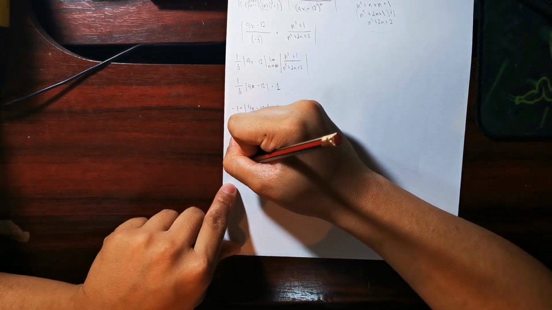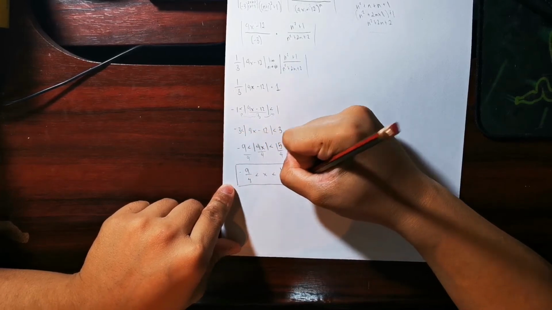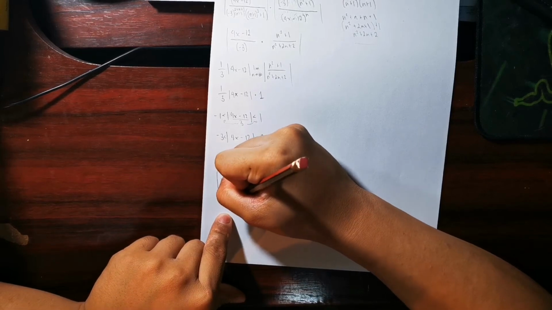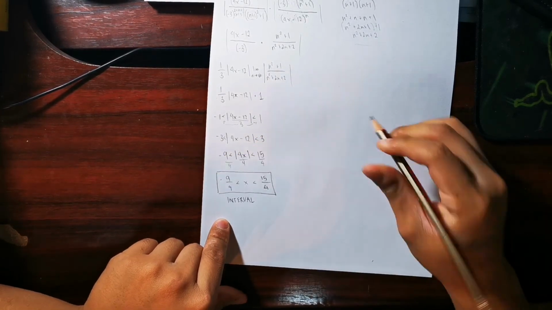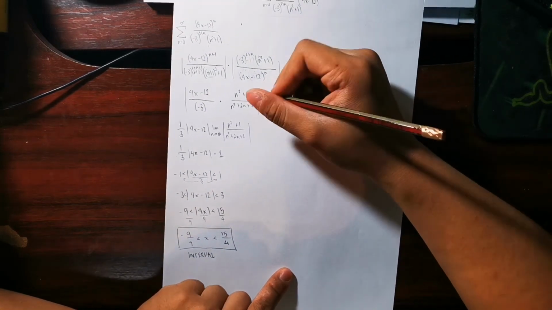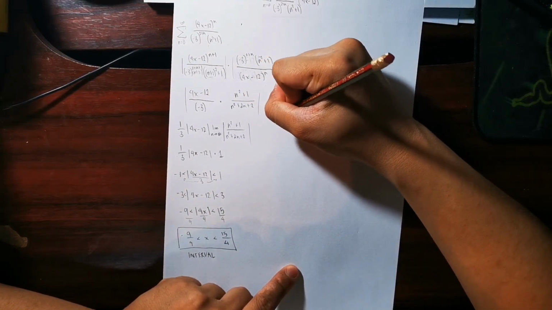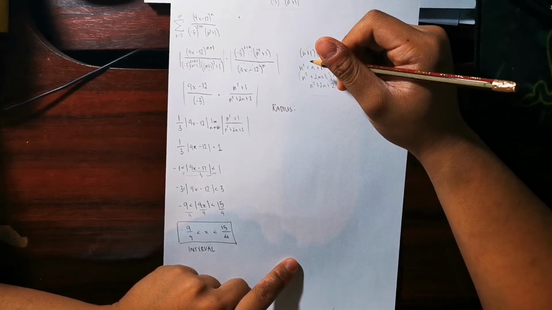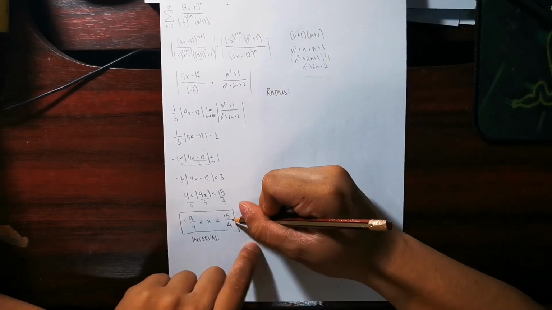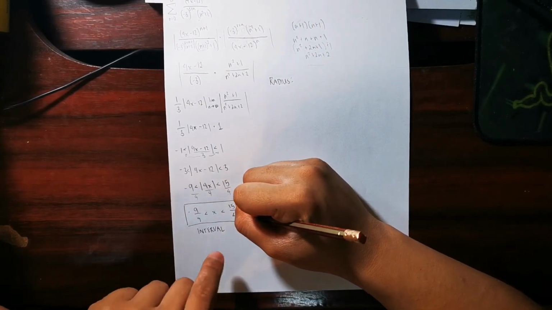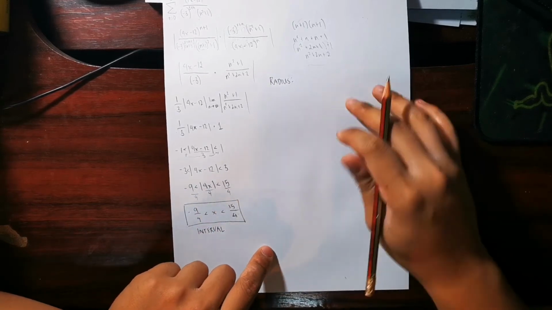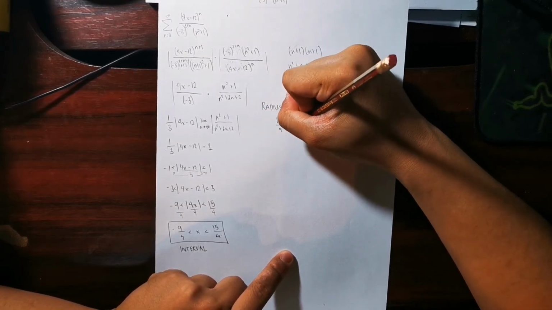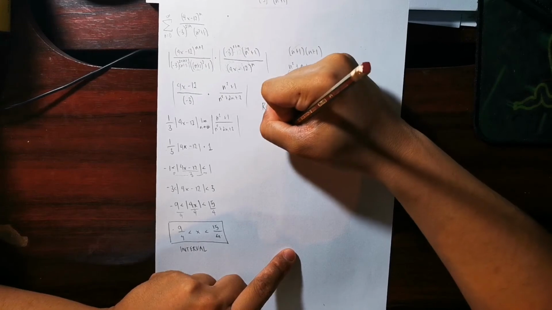And this here is the interval of our term. In order to check for the radius, we just have to subtract 15 over 4 and negative 9 over 4, all over 2. So we have 15 over 4 minus the negative 9 over 4, all over 2.